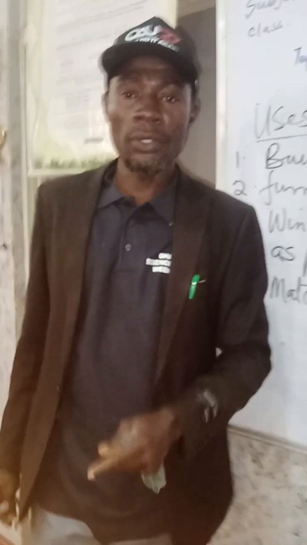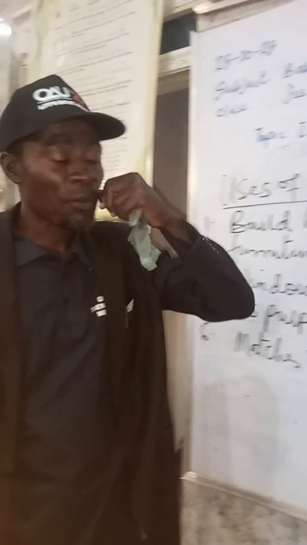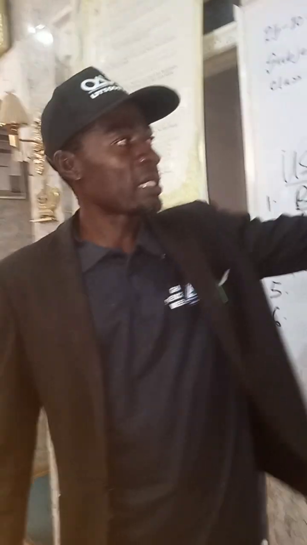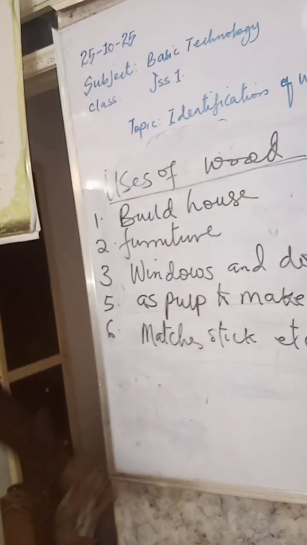Examples of hardwood are opepe, abura, afara, iroko, mahogany, and so on. Examples of softwood are spruce, redwood, and so on. Then we looked at how to identify wood: by their color, region, appearance, and so on. As for uses, we all know the uses of wood: to build houses, furniture, windows and doors, as pulp to make books and matches, and so on.